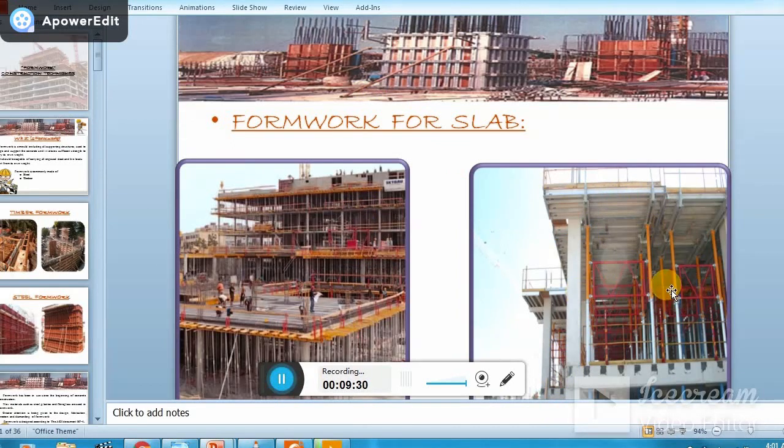This is called formwork. In local language, this is called shuttering. So this shuttering, or formwork, is provided initially to the slab. Okay. So if this kind of formwork and shoring is provided, we say that this is shored concrete. Clear?